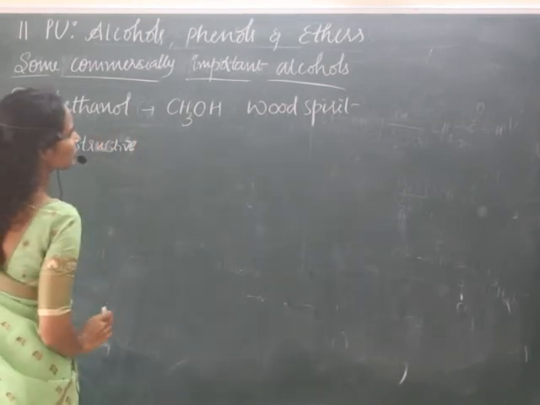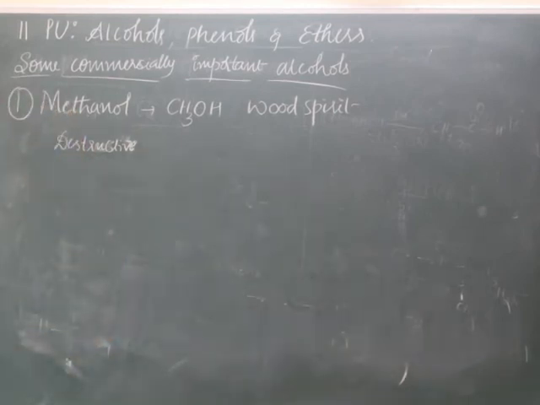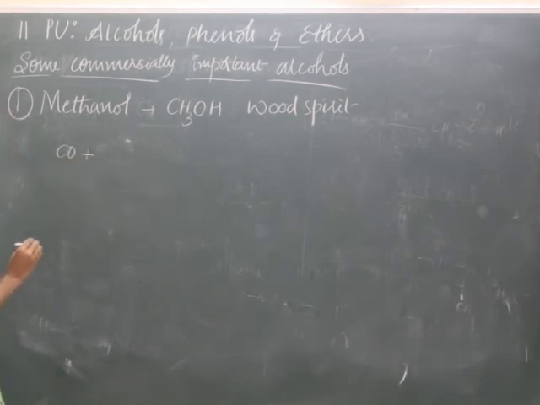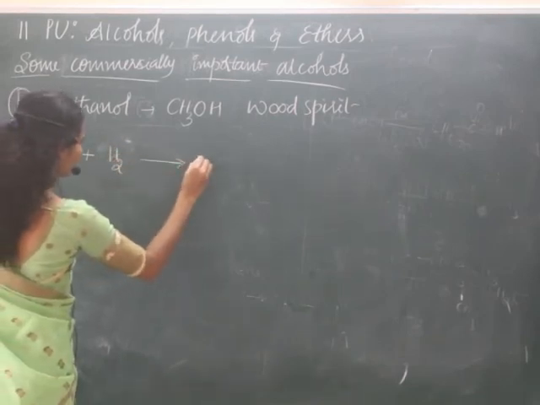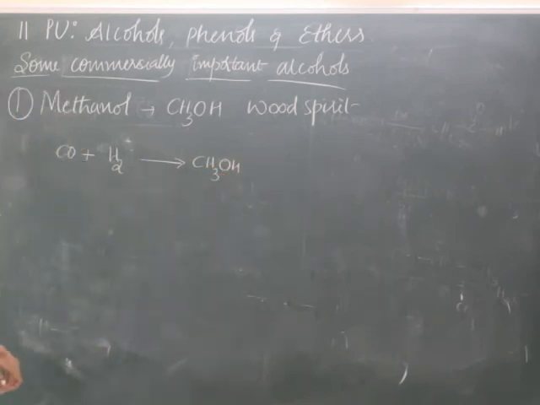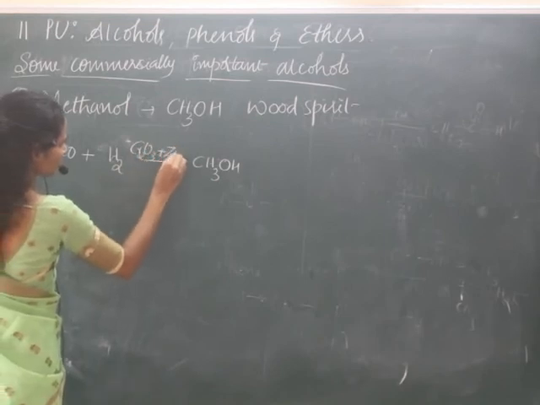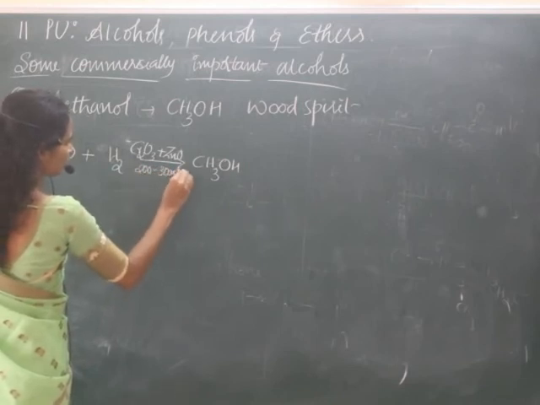Sorry. Methanol is prepared by carbon monoxide reacting with hydrogen to give CH3OH, in presence of Cr2O3 and zinc oxide at 200 to 300 atmospheric pressure.